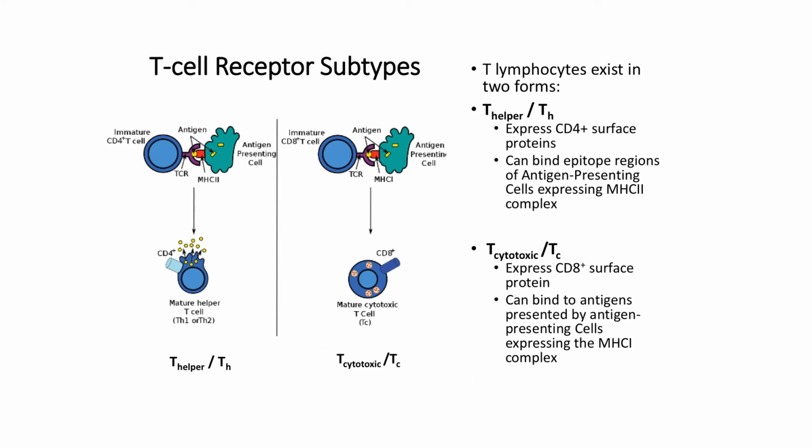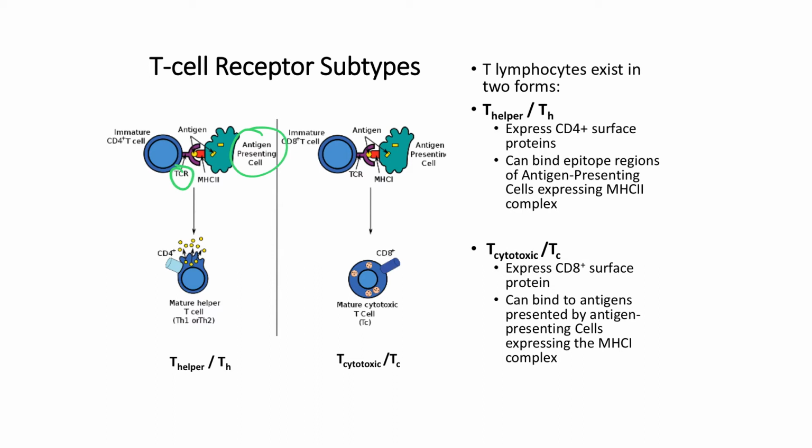Just going over this one more time, T helper cells. Let's look here. Here's a CD4 positive cell. It is expressing an MHC2 complex and responding to this MHC class II complex expressed by the antigen presenting cell.